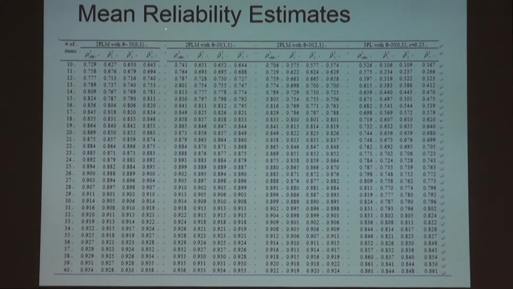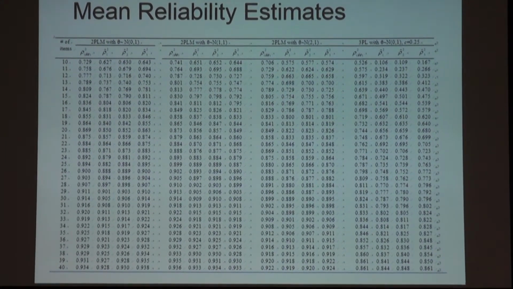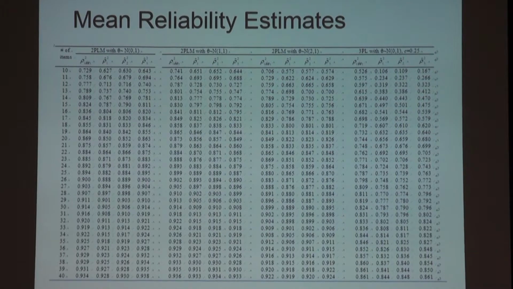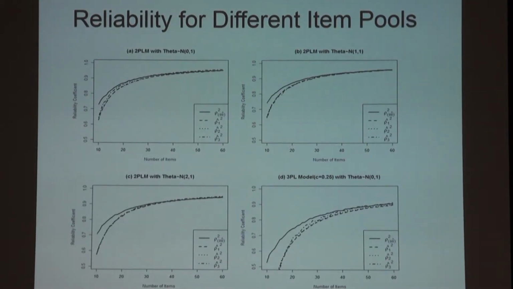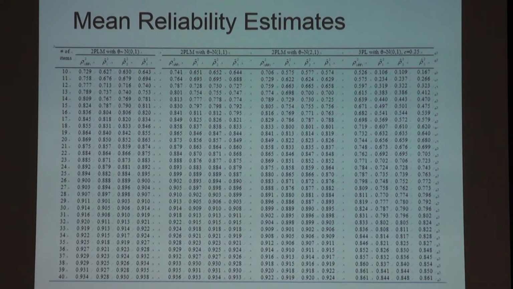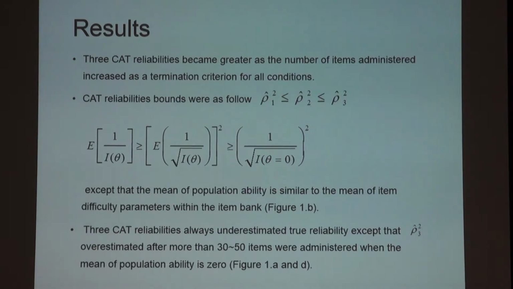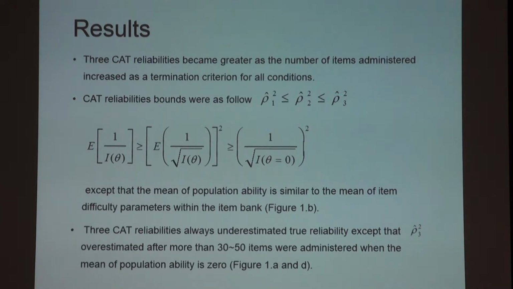So this is the tables. Again, I just put all this kind of result in graphs. And the result, here's the three reliability estimates: reliability becomes greater as the number of items administered increases as the termination criterion for all conditions. It's very common.